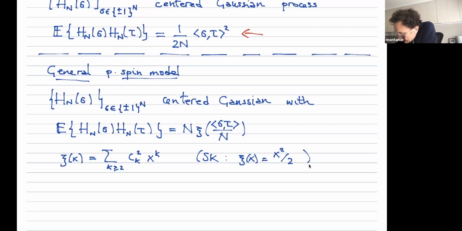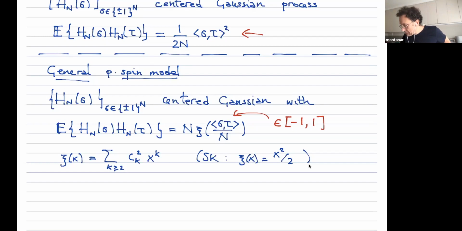Here the scaling is chosen in such a way that you have a nice limit as n goes to infinity. In particular, this psi is a function that you should think of as a function on minus 1 to 1, and notice that its argument is in the interval minus 1, 1. Then I scale by n in such a way that the maxima of this process are of order n. And psi is an analytic function with non-negative coefficients c_k squared.